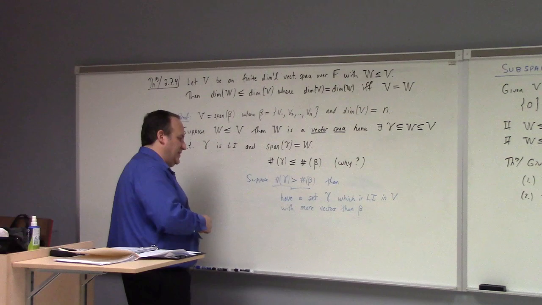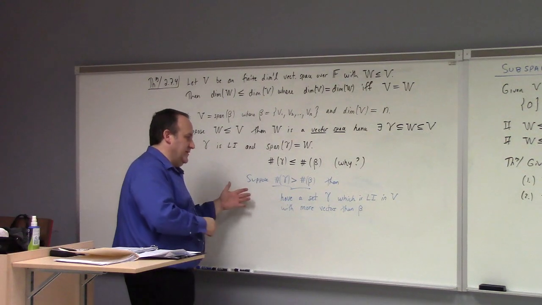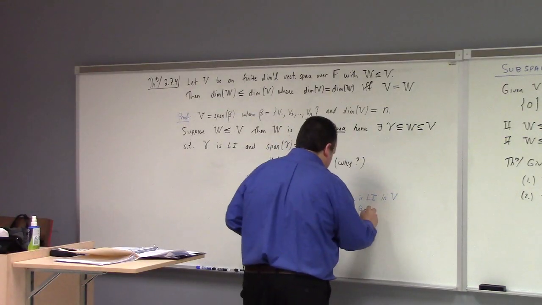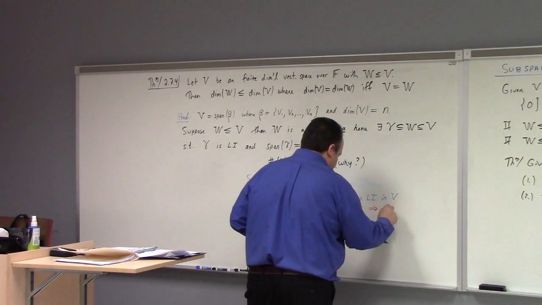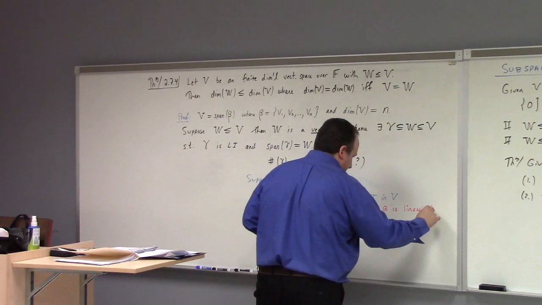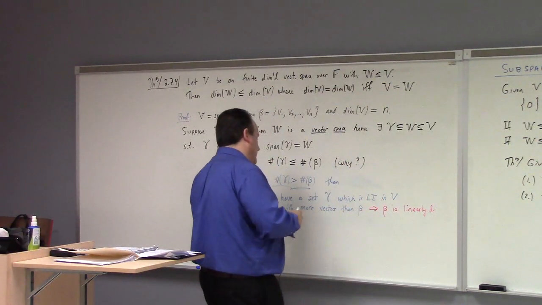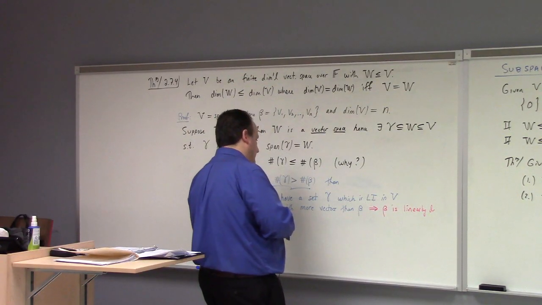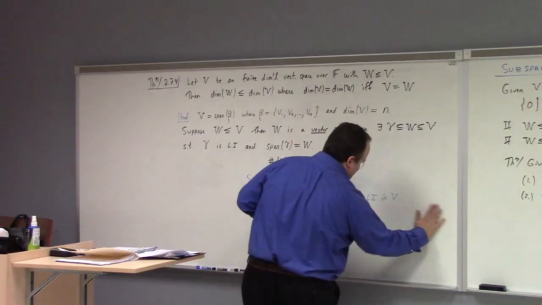I'm kind of spinning my wheels at the moment. But I'm pretty sure we can argue that, which implies beta is linearly dependent. I think that must mean that.